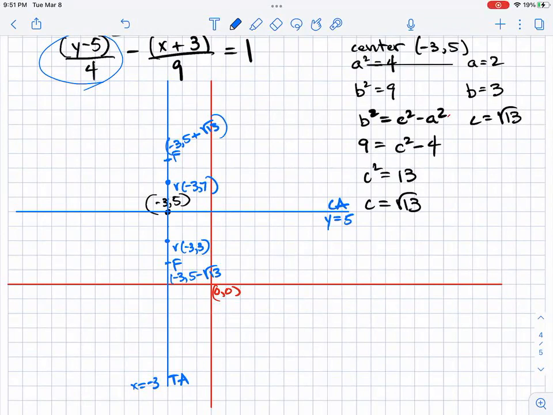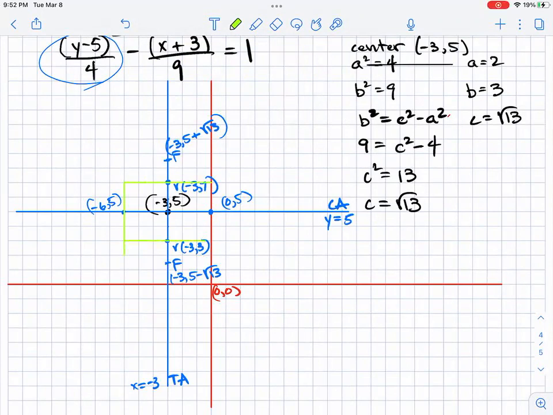My co-vertices are 3 units from the center. So that puts one at 0, 5, the other one at -6, 5. I can draw the box for my asymptotes. I kind of overshot that one, sorry.